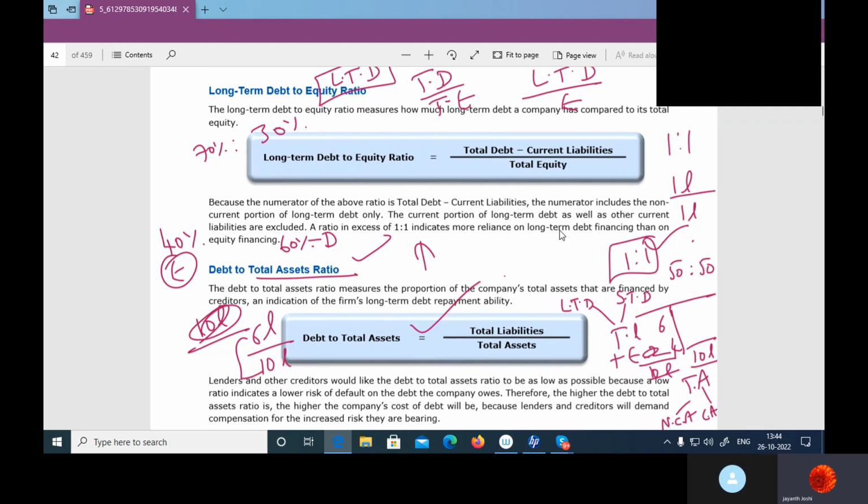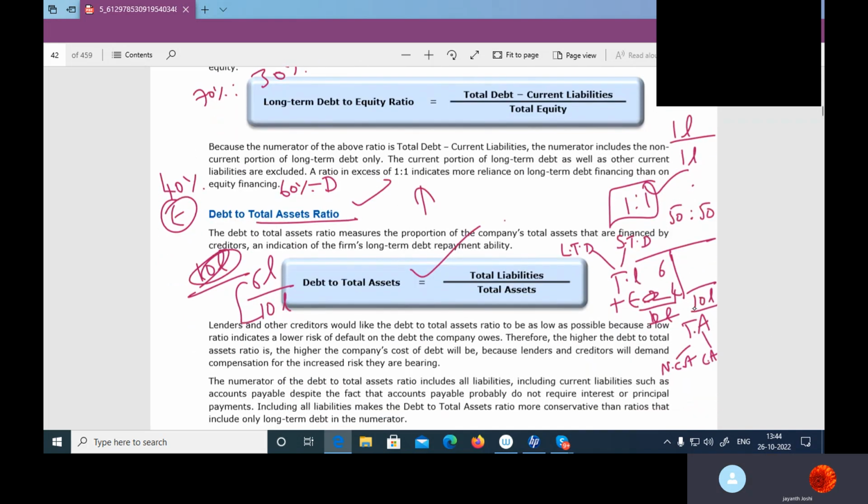I already told you this liabilities section is not only about total liabilities, it is total liabilities and equity. If you combine both, you get the liabilities side. So I am just taking this part, and it is easily understood that this is 60% of your total assets and this is 40%.